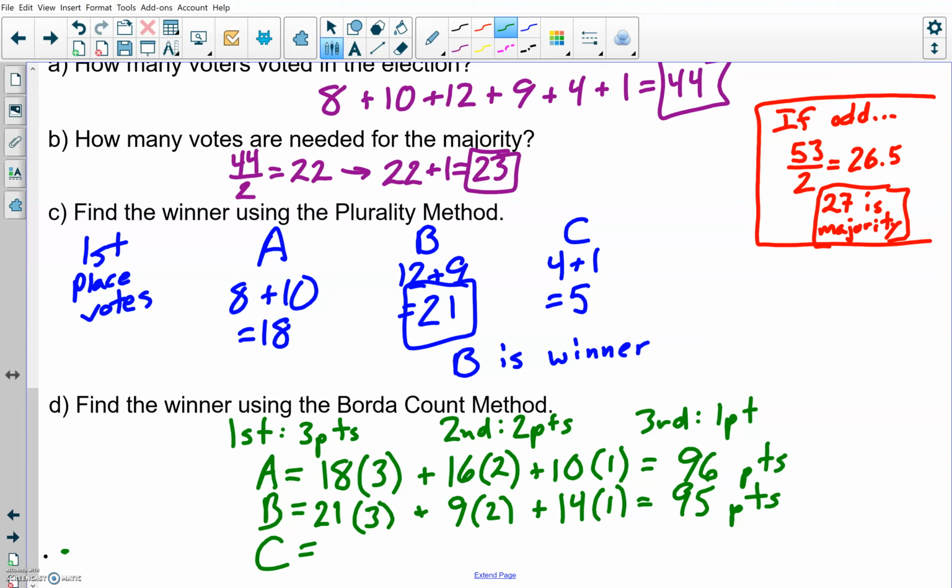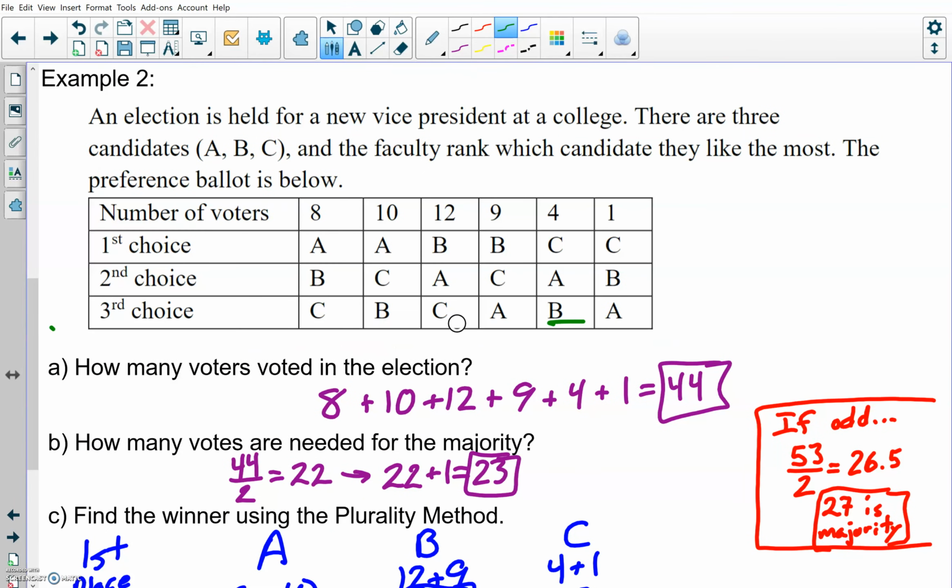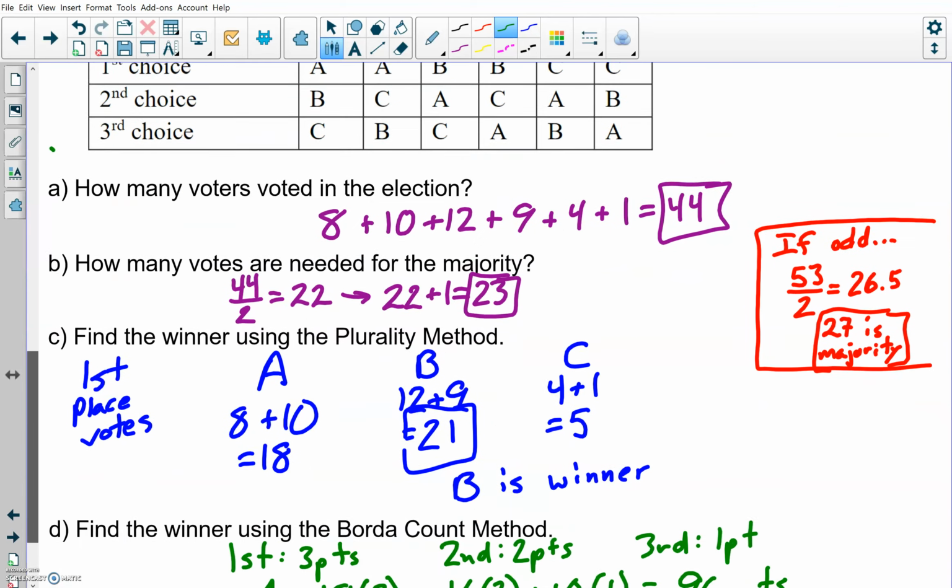And for C, 5 times they were the first place. Going up here to the chart for second place. For the second place, there was 10, 9, so 19 for second place.